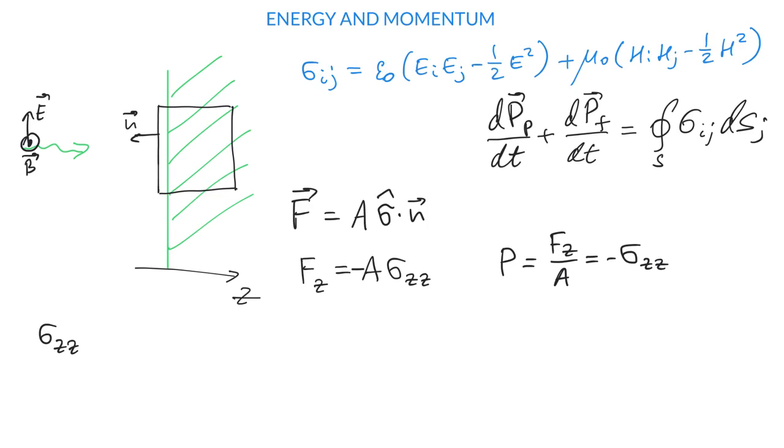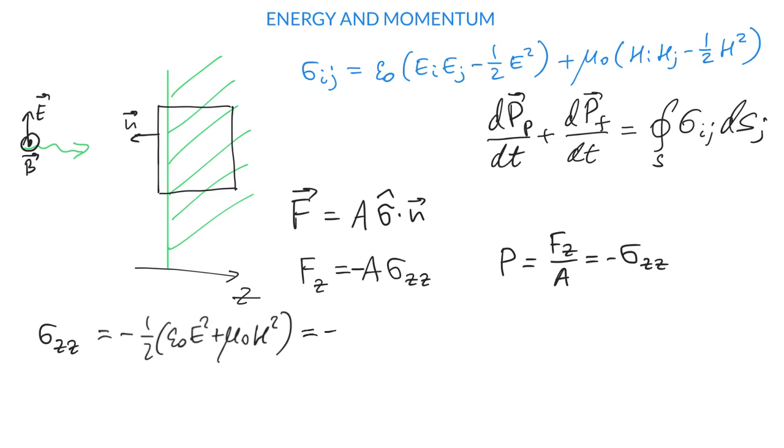Now, the electric and magnetic fields are transverse. So with i and j both equal to z, this term and this term are both 0. So we find for sigma zz negative 1/2 epsilon naught E squared plus mu naught H squared, which just happens to be the energy density of the field with a minus sign.